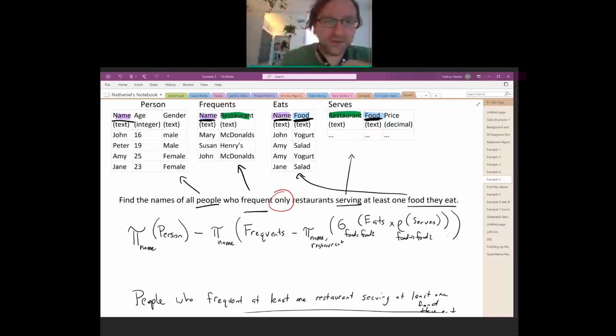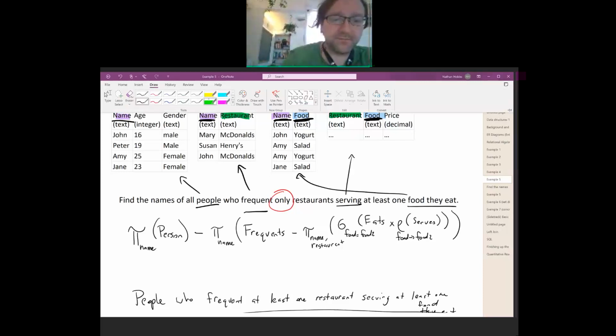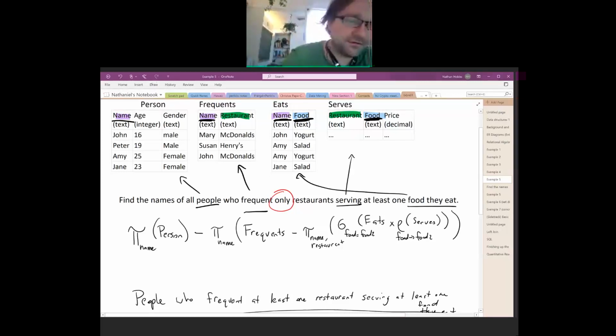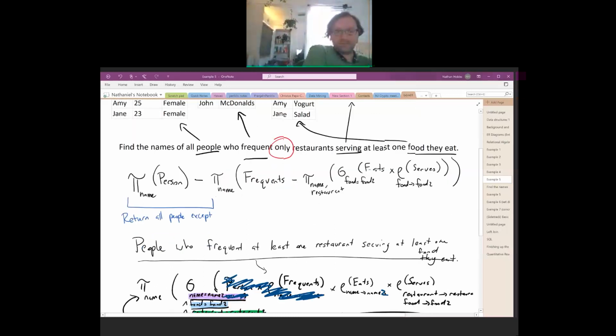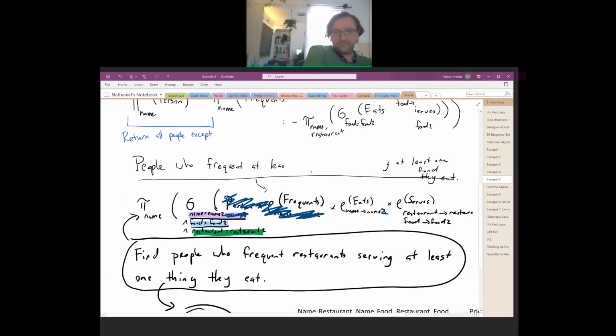Where is this coming from? What's even going on? If we look at it bit by bit, let me pick this one. This part is saying return all people except. So remember, here, let me give myself some more room.